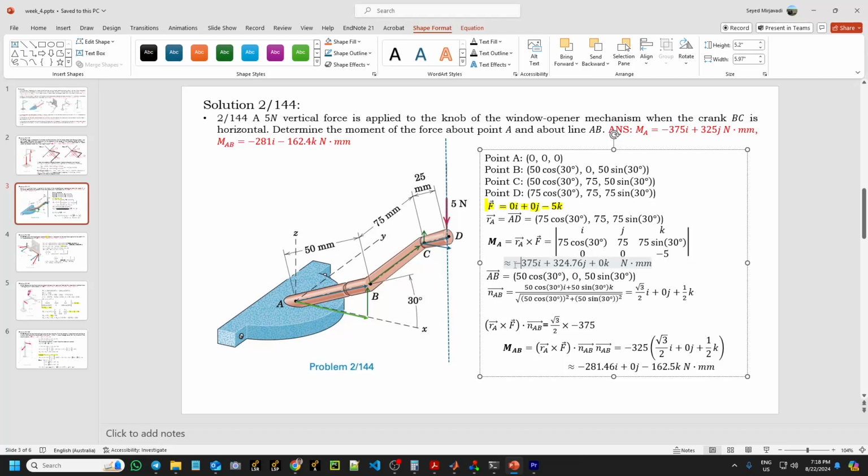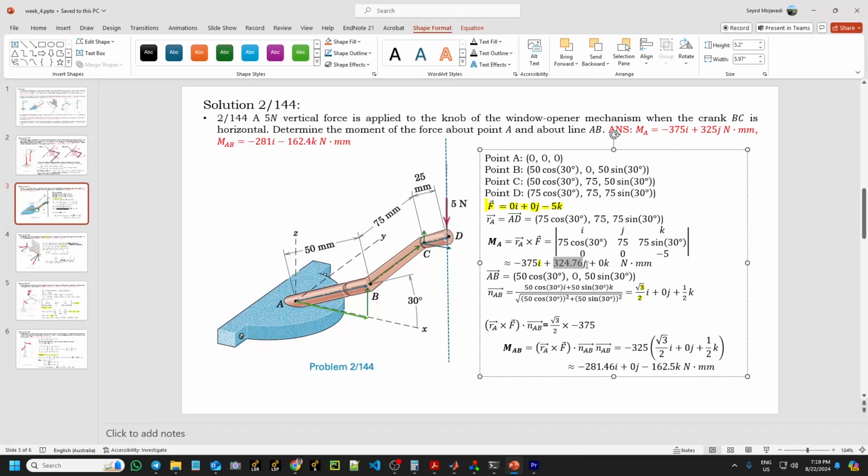Dot product means that you need to find the corresponding components. For example, here we have negative 375. This is the i component. I will highlight this. And here we have the corresponding component, so this will be multiplied by negative 375. This is the first one. The j component of this one is 324.76 times 0, so it will be 0.